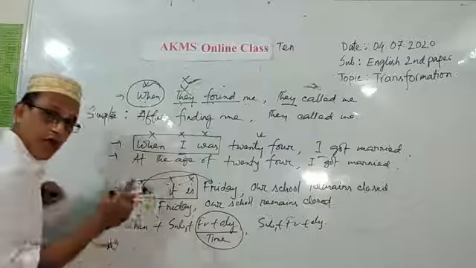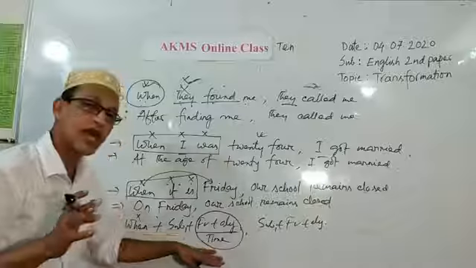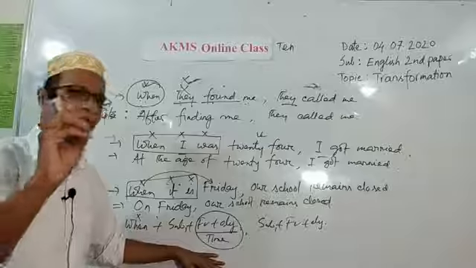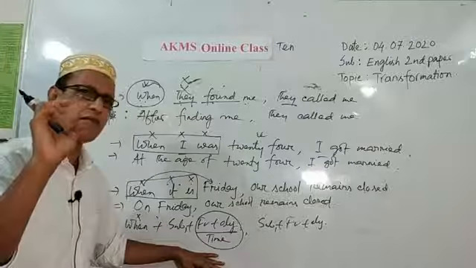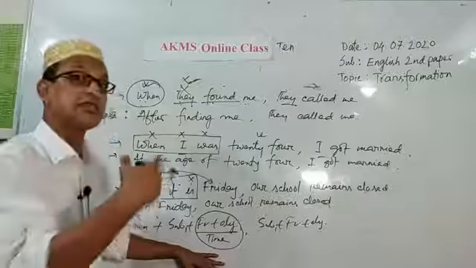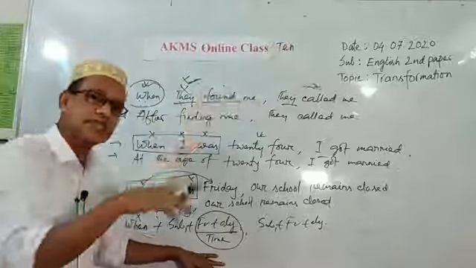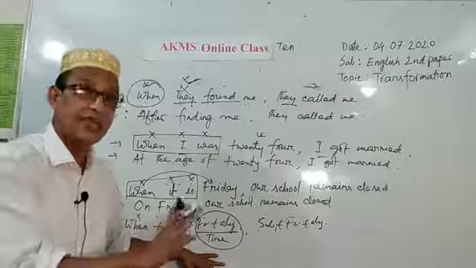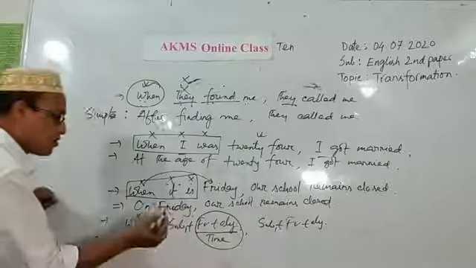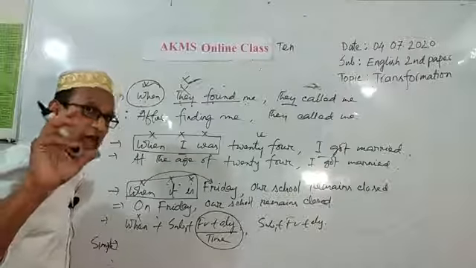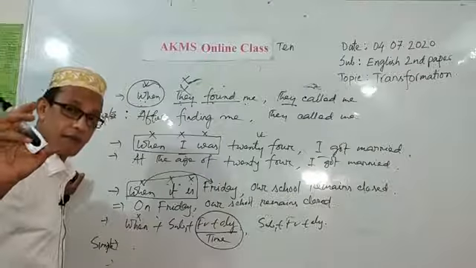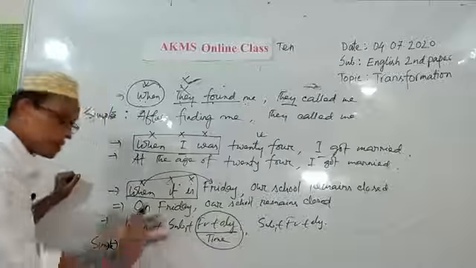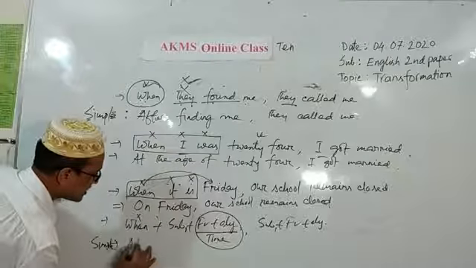Then, mentioning the time, first I will try to see what type of time is mentioned here. Is it a point of time, that means short time? Or is it a period of time? Or is it the name of a year or month, etc., or age? Now, if you find any point of time, 5 p.m., 2 o'clock, the time of a clock, then you will use "at."